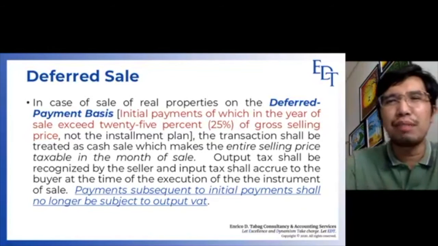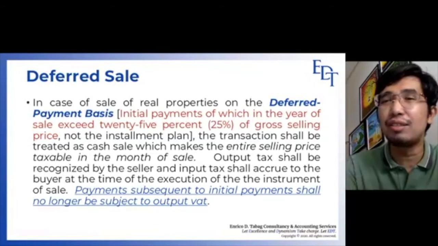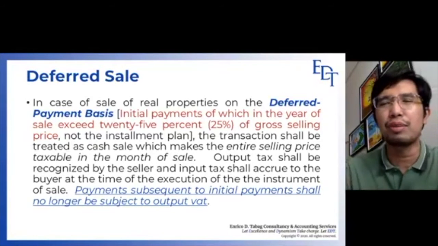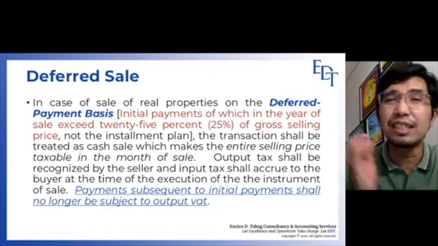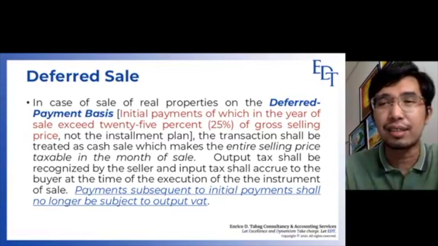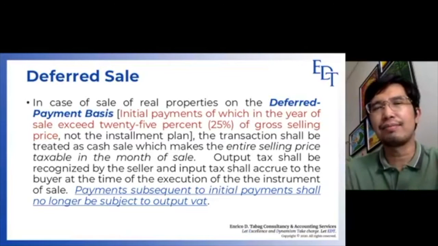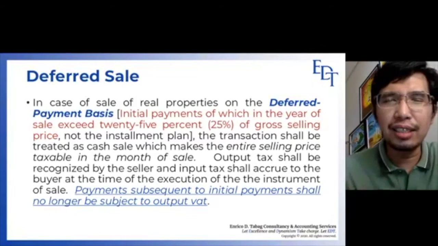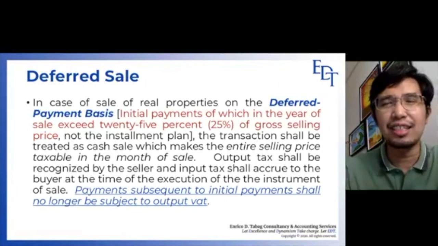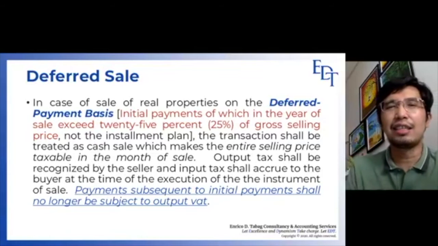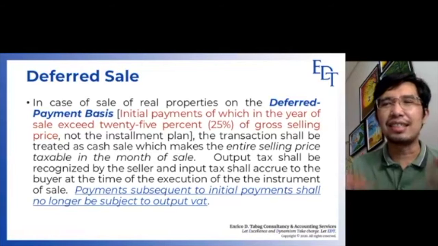So kahit pinautang mo yan, pero ang initial payment ay lagpas 25%, you need to report pa rin yung buong output VAT in the month the transaction was made or during the month of the sale or quarter. Okay? So, maliwanag ba yon? So, kahit pautang yan, pero ang ratio ng initial payment over selling price ay lagpas 25%, tinatawag din yan na deferred sale. Treat it as cash sale.